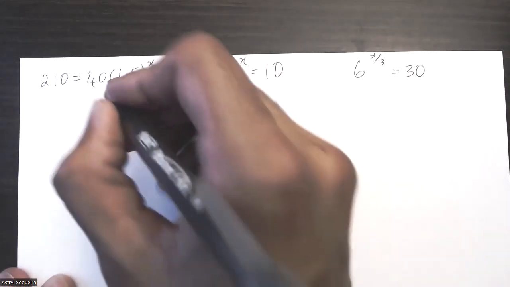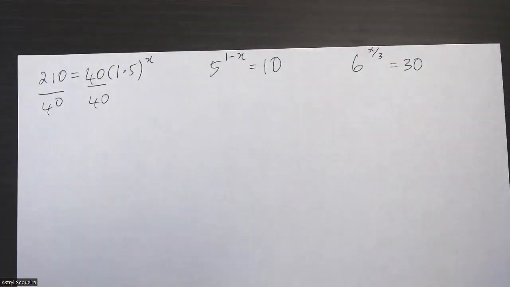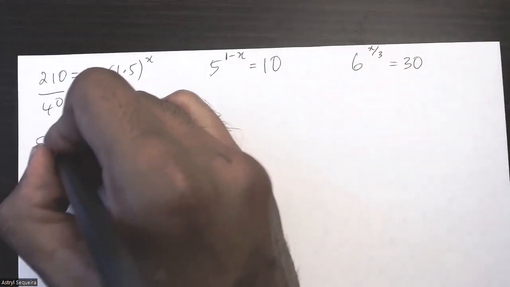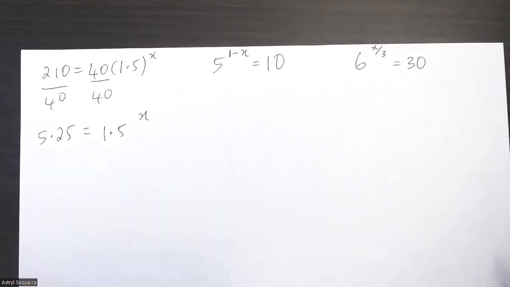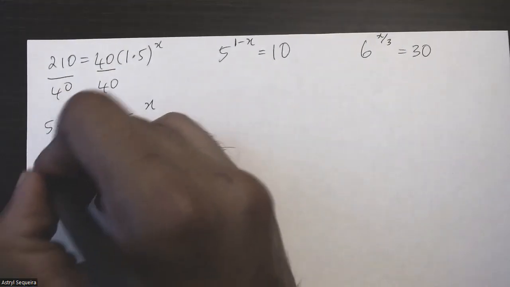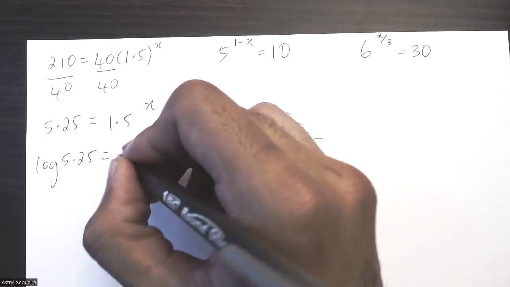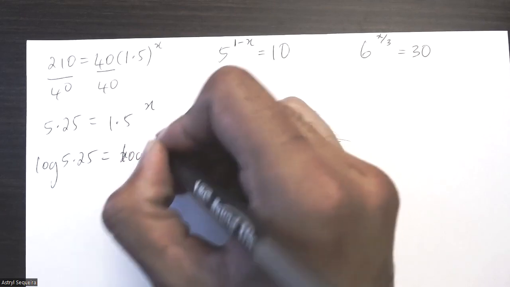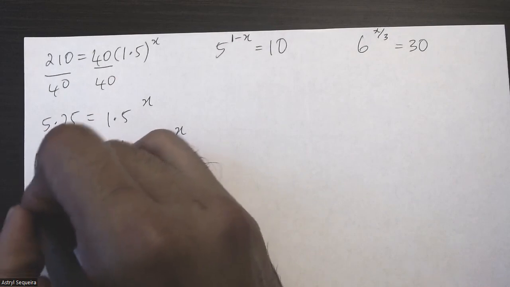This one over here, I'm going to divide both sides by 40 to begin with. So 210 divided by 40 is 5.25. And then I'm going to use logs to solve this again because decimals, I definitely don't want to try making the bases the same. I'm going to bring my exponent down.